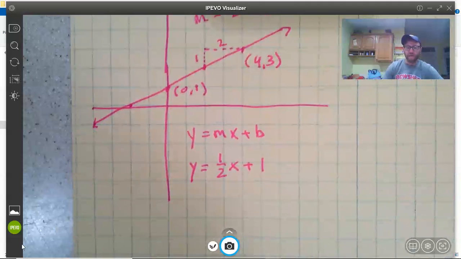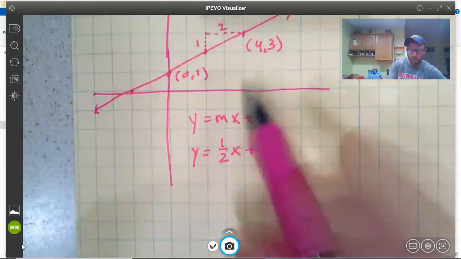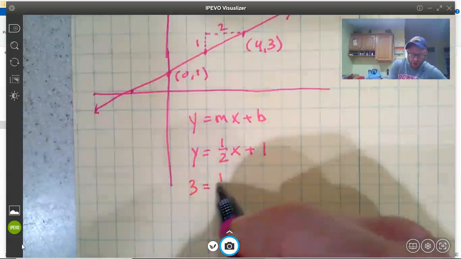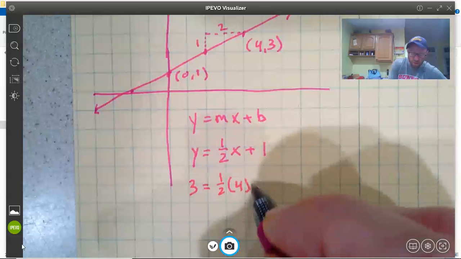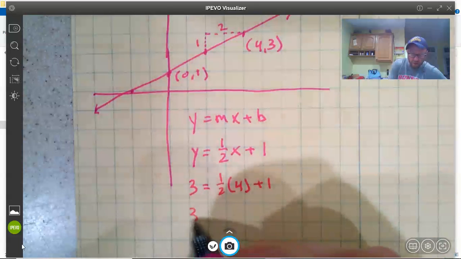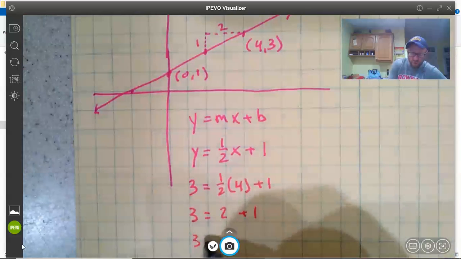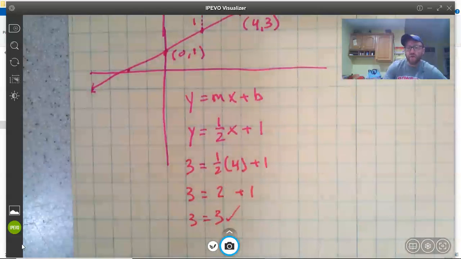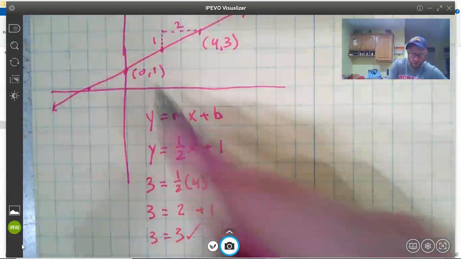And this now is a statement which is true about every point on this line. So, for example, the point (4, 3): if I plug in the y-coordinate for y and the x-coordinate for x, and I do the math here, 3 equals 1/2 times 4 is 2, plus 1, 3 equals 3, check, true statement. Or maybe I want to do the same thing with (0, 1).